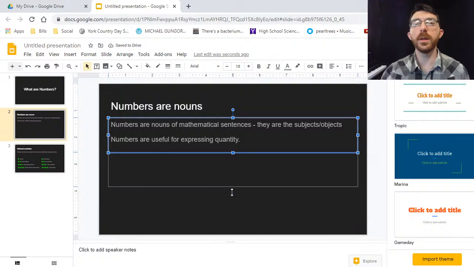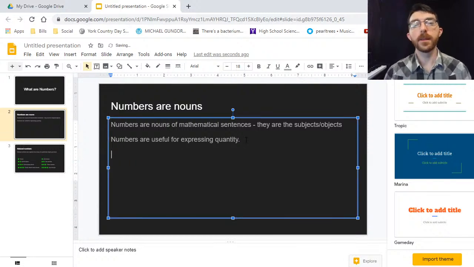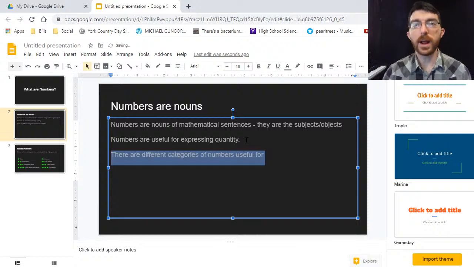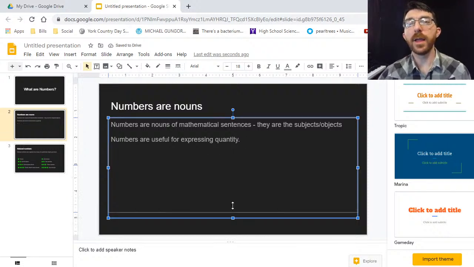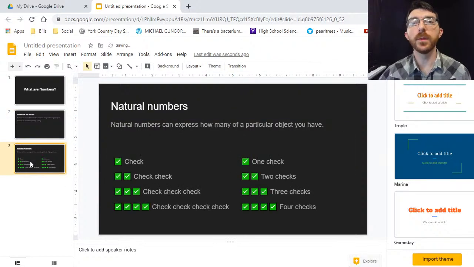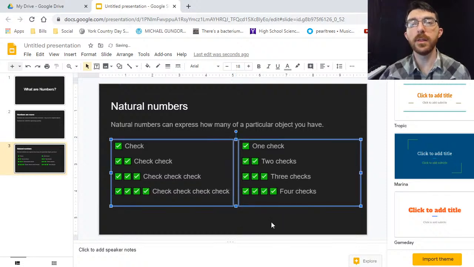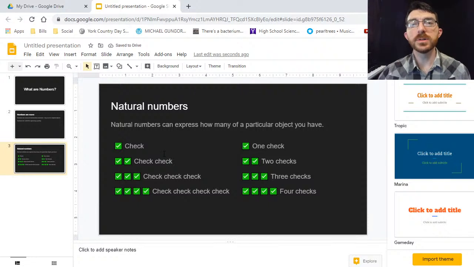Useful for expressing quantity as there are different categories of numbers useful for describing. You know what? I'm not going to overdo this slide. I think I'd rather have it empty than full of nonsense. I don't like it empty, but that's the kind of dithering around that I don't really want to do. Natural numbers can express how many of a particular object you have.